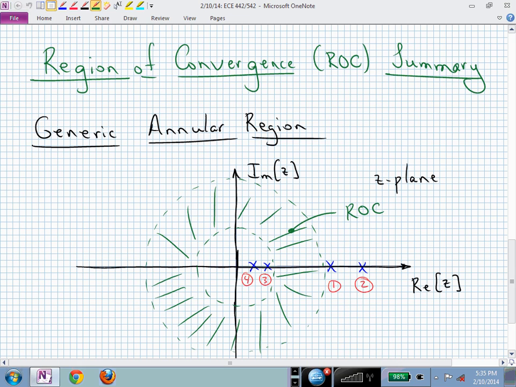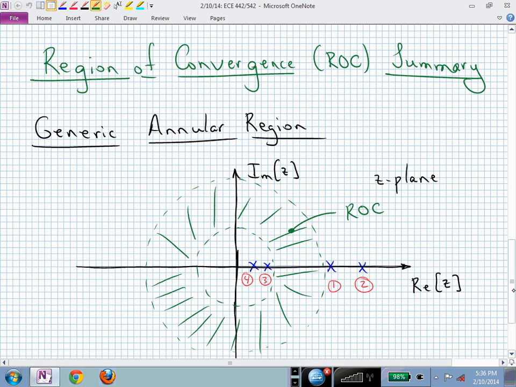Let's look at the region of convergence, and here I've illustrated it with 4 poles, but you can see that none of these poles lie inside the region of convergence. A couple are interior to the region of convergence, and a couple are outside of the region of convergence. And what I want to do then is try to talk about these different possibilities.